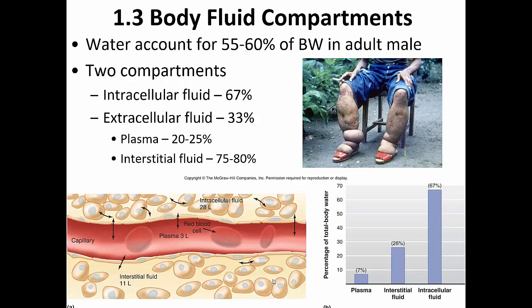But what we see is a very distinct issue with the blockage of that lymph, which just before it became lymph was interstitial fluid. And this illustrates the extreme importance of this circulation of fluid in our body. And here, when I say circulation of fluid, I'm not talking about the movement of blood through the circulatory system, but rather the movement of plasma to interstitial fluid to lymph, and lymph back to plasma once again.